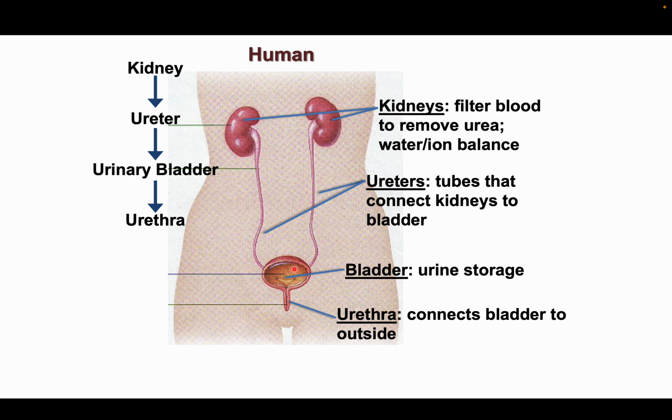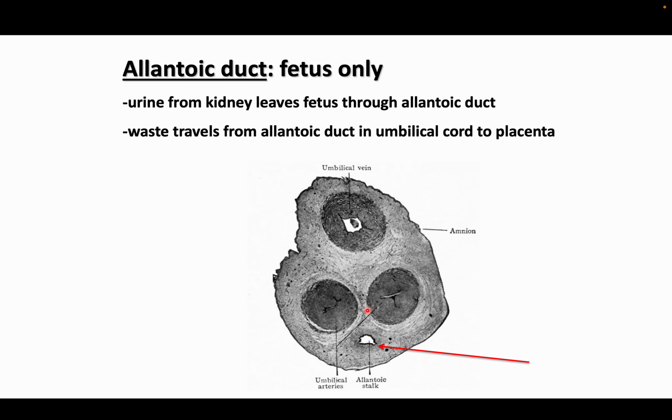Your bladder holds the urine until it gets full, and then it is excreted outside of your body via the urethra. Okay, so don't confuse the ureter with the urethra. Now, taking a look at the placenta again, this is a cross section of the placenta.